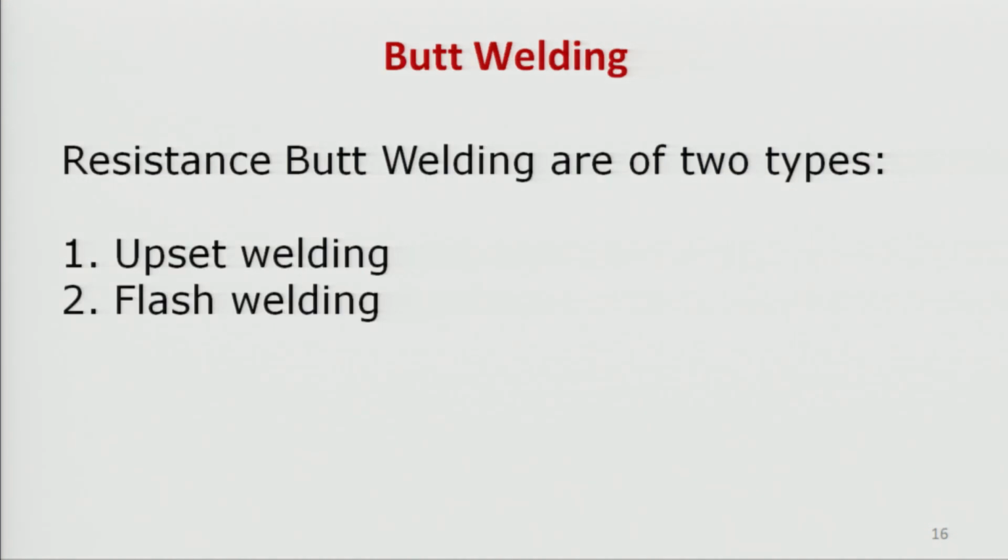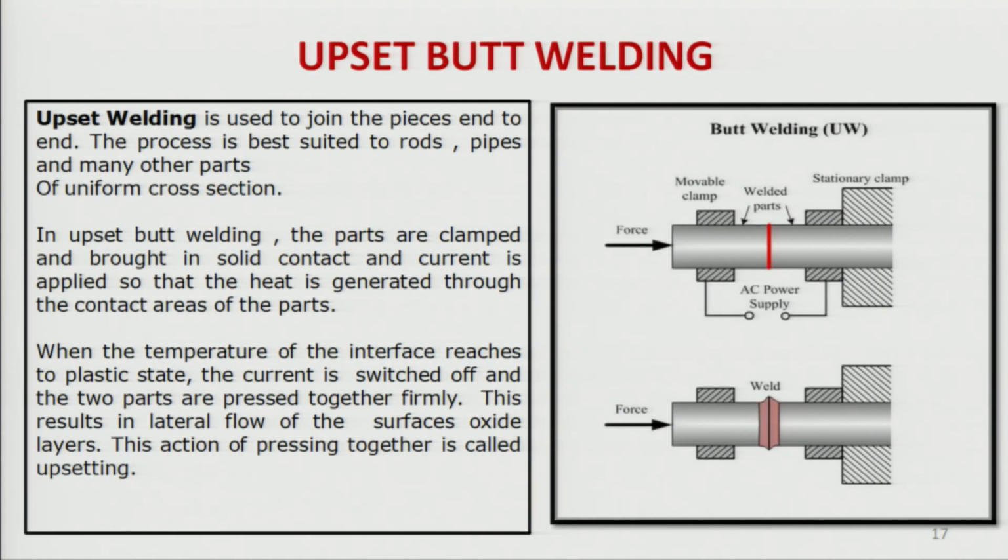In the same way, you can see upset welding, where in the diagram, if you concentrate, you will find that force is applied and current is passed through it. Because of the current at the joint, the welding is done. So, upset welding is a process of joining the pieces end to end. One is held and the force is applied from the other side.